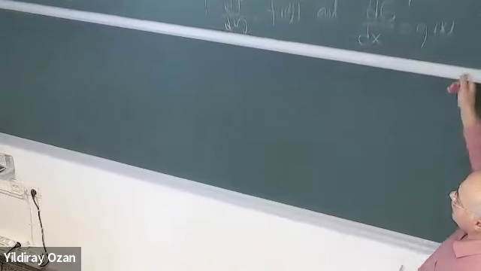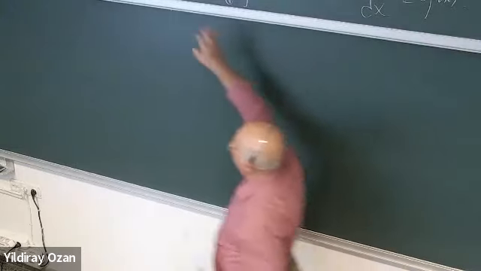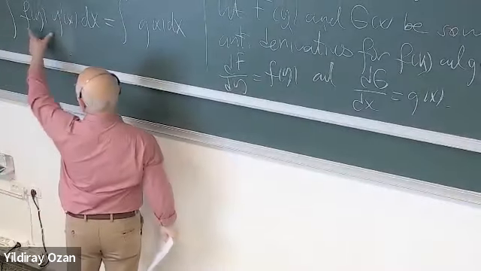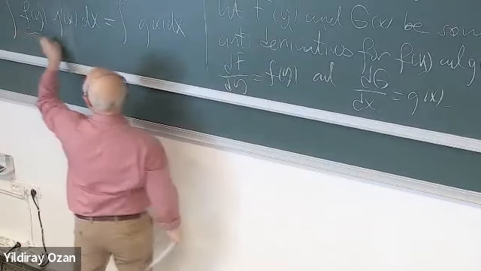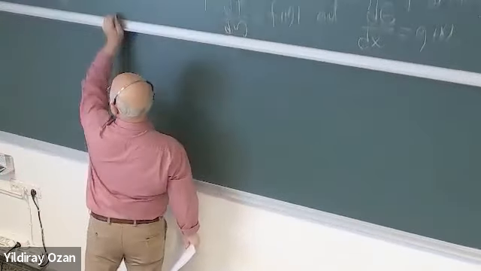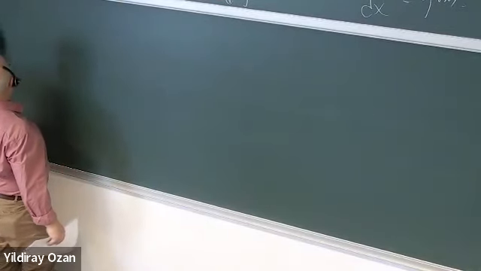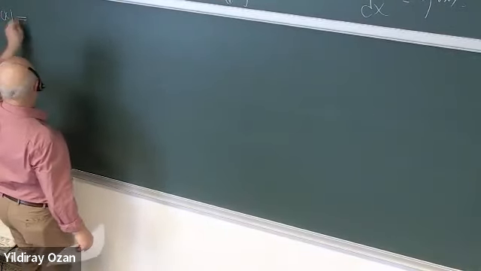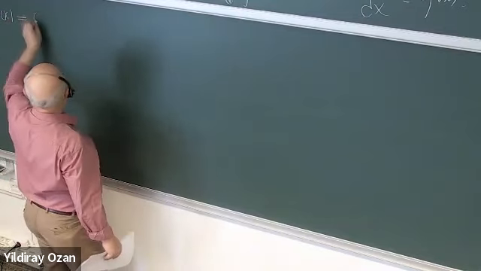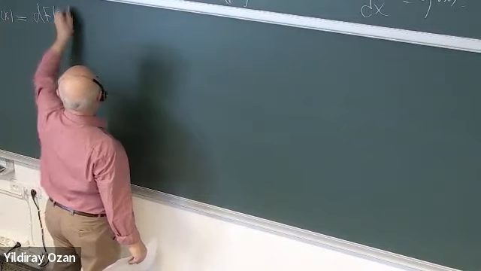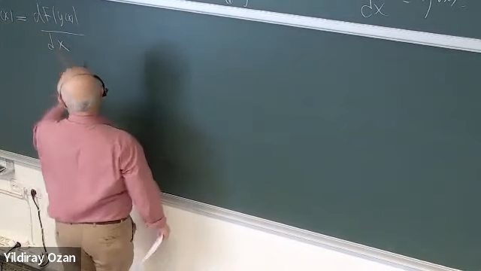Well, if these are antiderivatives, then what are these integrals? So f of y times y prime of x is nothing but d F of y(x) divided by dx, right?